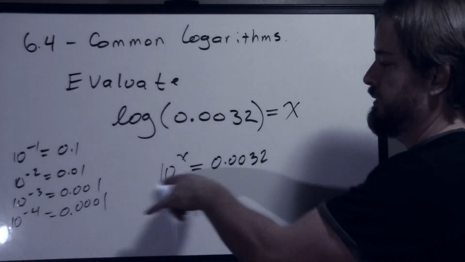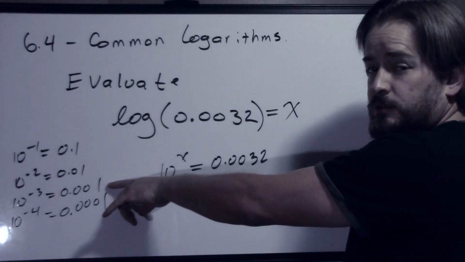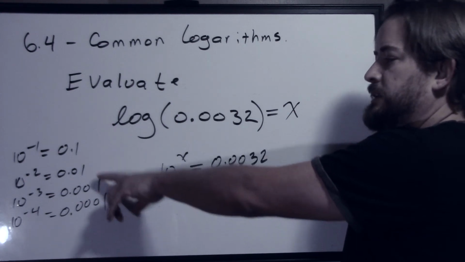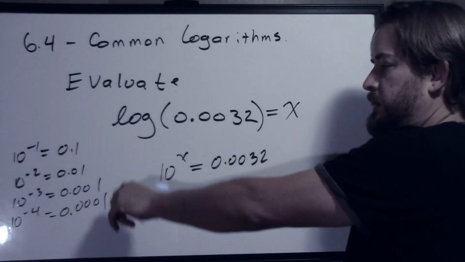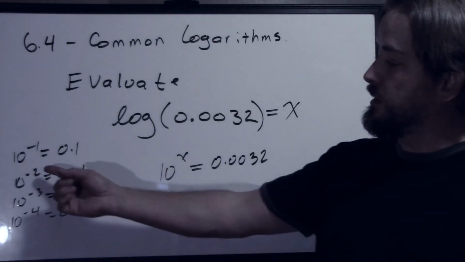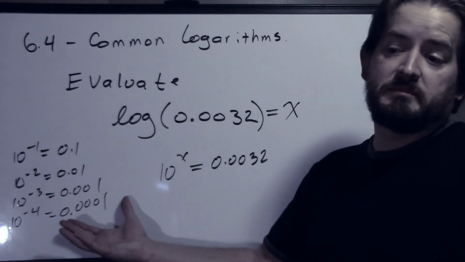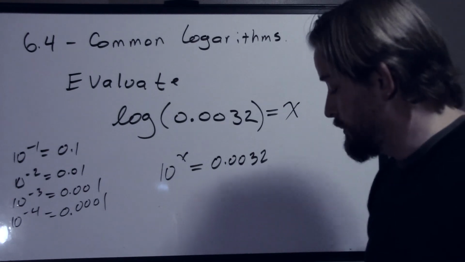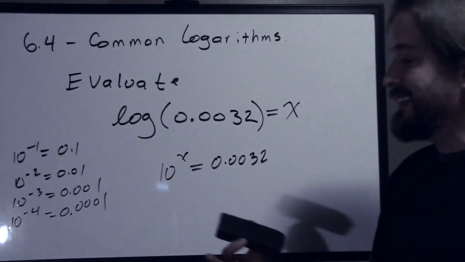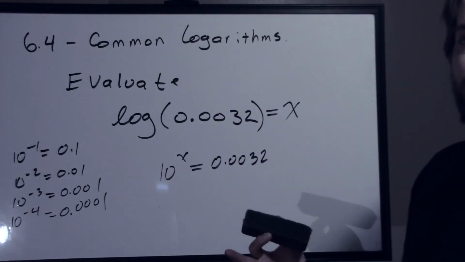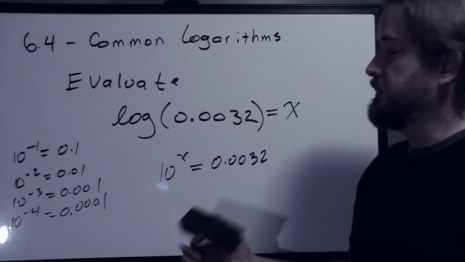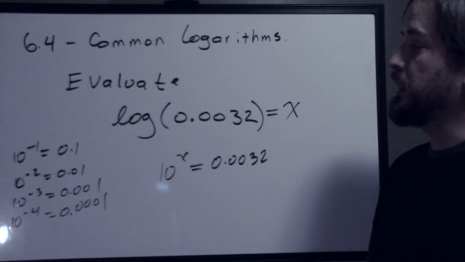It's even bigger than 0.001, but it's not bigger than 0.01. So my answer should be somewhere between -2 and -3. So it should be -2 point something. I don't know, somewhere in there. But I can at least get a ballpark figure just by looking at it. So I'm somewhere between -2 and -3.